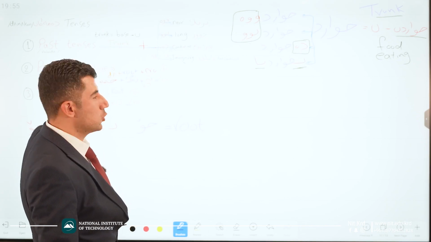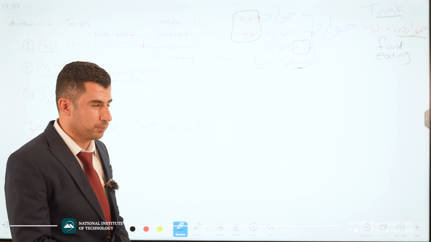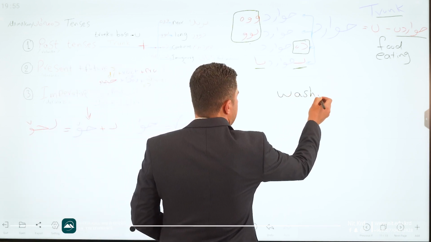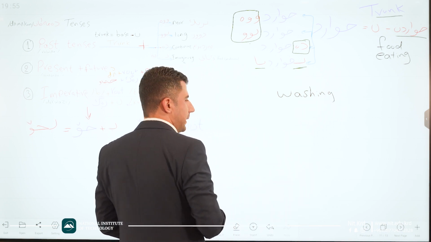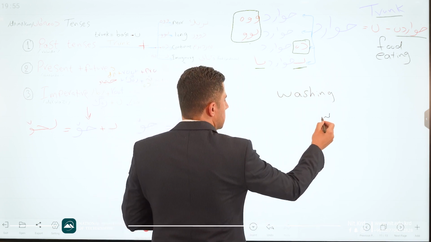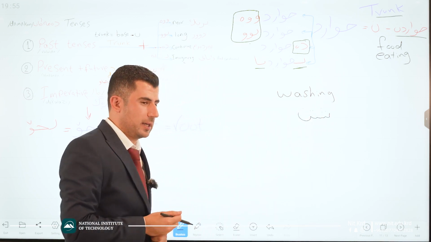Let me clean this part. Let me tell you how to make the second one, present and future together. Good. For example, if we bring washing in English. Washing, when we change this to Kurdish meaning, we say shitten. Okay?